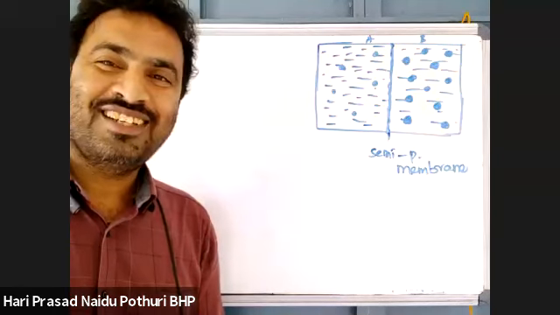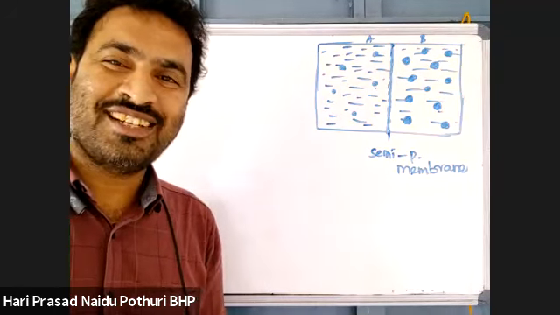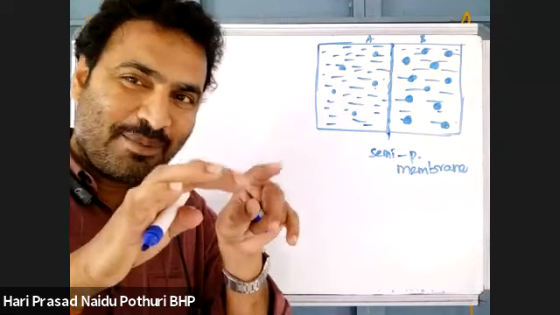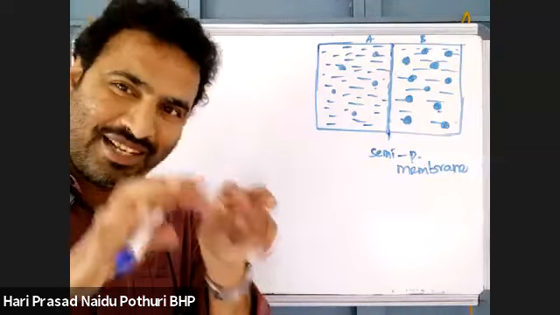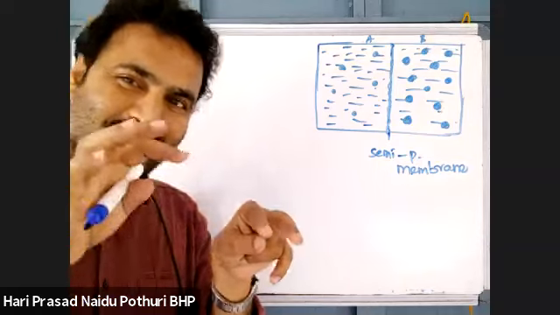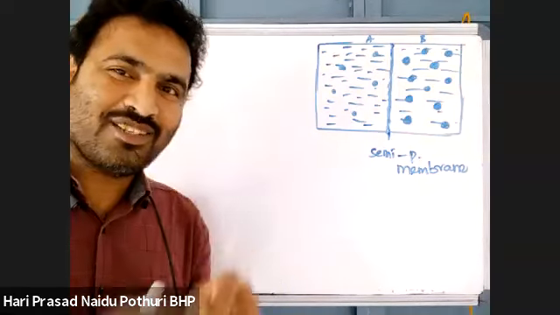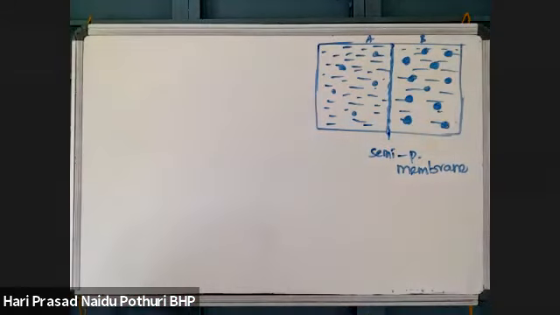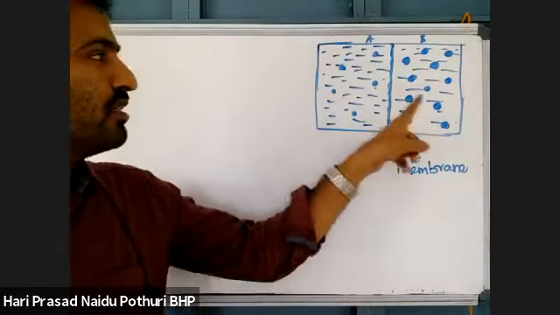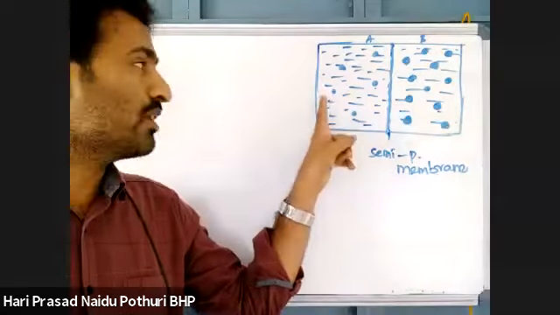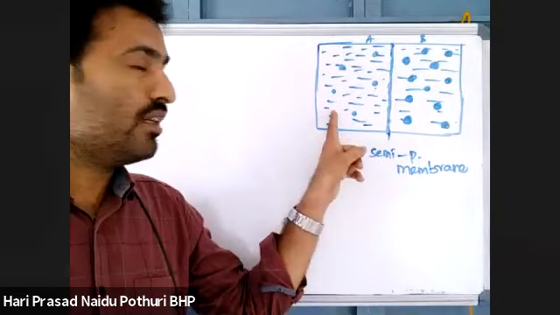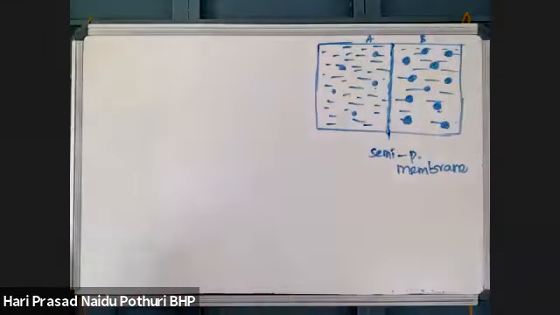Vaishika, before I ask the question, you are sending the answer. Okay. The solution with more solute potential is this one, the solution with less solute potential is this one, and the movement is from A to B.